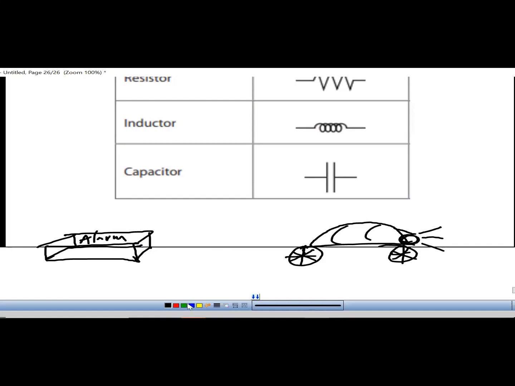Well, there's a wire, but by the way, it has a bunch of wires. It has a red wire, a yellow wire, a black wire, a blue wire, a green wire. But there's this one wire. Most of these alarms have a wire that's white, and that wire has to be connected to the wire of the headlamp in your car.